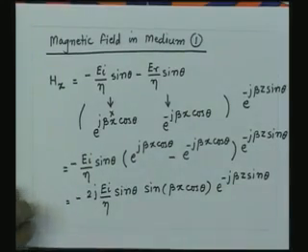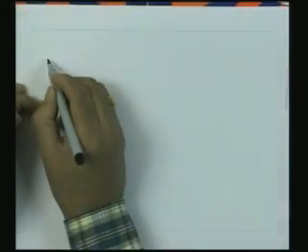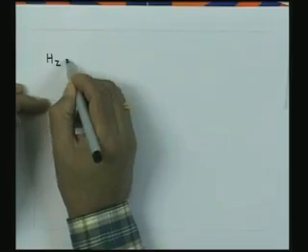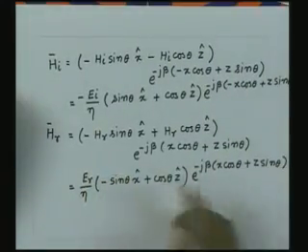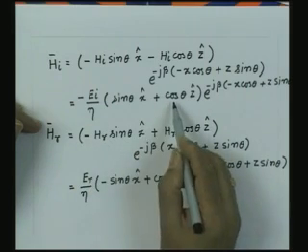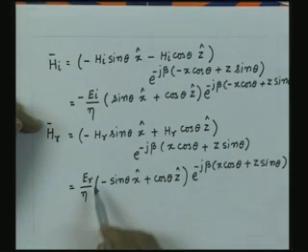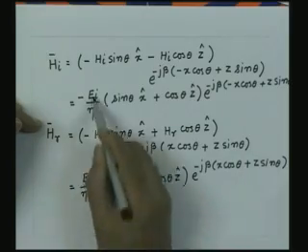The same thing I can do for the other component, which is the z component of the magnetic field, and I get here H of z, that is this quantity here, minus E_I upon eta cos theta, and this is E_R upon eta cos theta, but E_R is minus E_I.